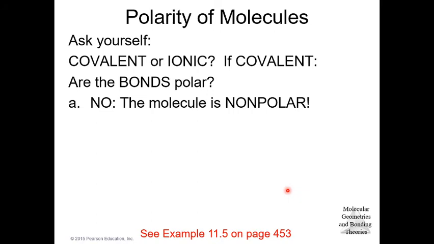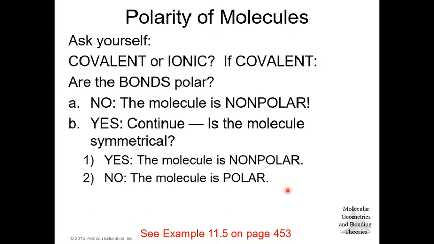So in any hydrocarbon, like fats and oils, all those carbon-hydrogen bonds are nonpolar bonds. So all your fats and oils and gasoline, which all have carbon-hydrogen bonds, are nonpolar. So they don't dissolve in water because water is polar. Okay, so if the bonds are not polar, you have a nonpolar molecule.